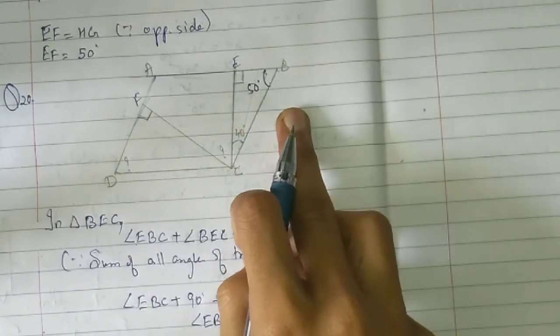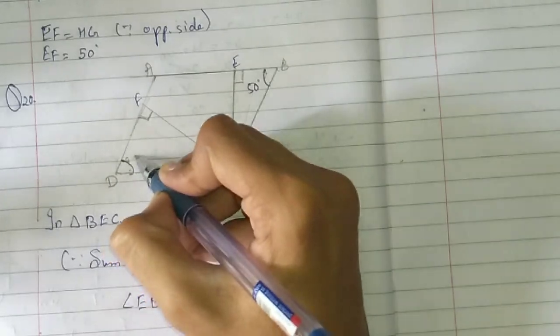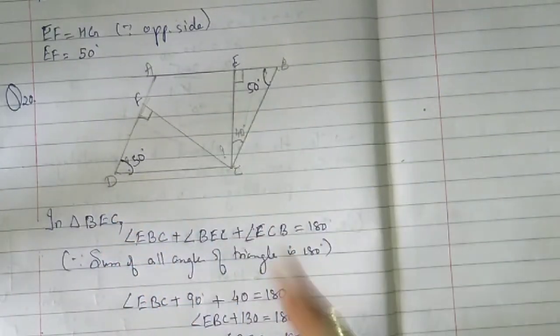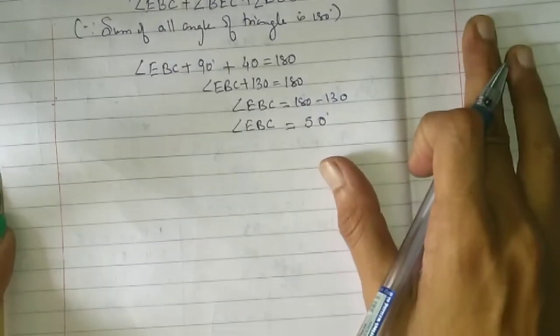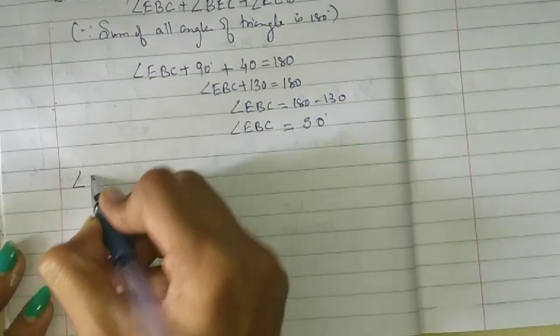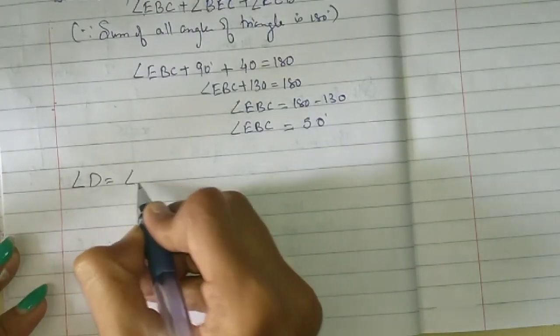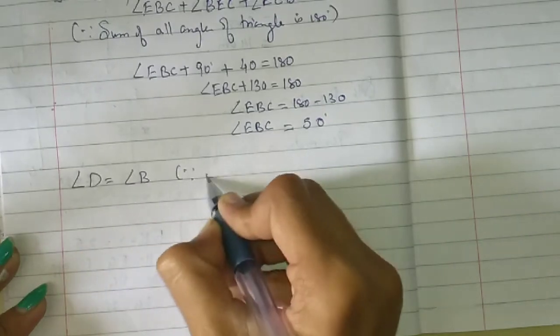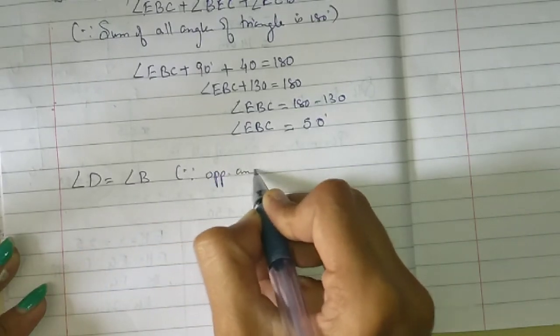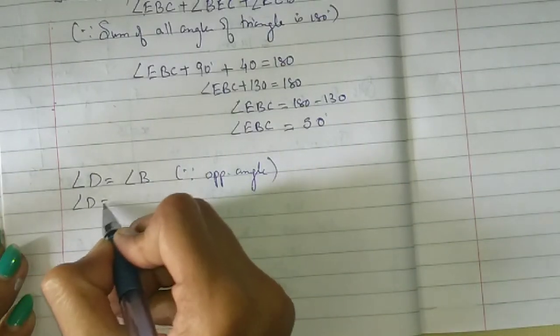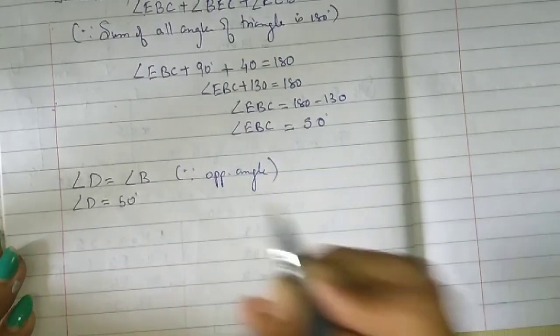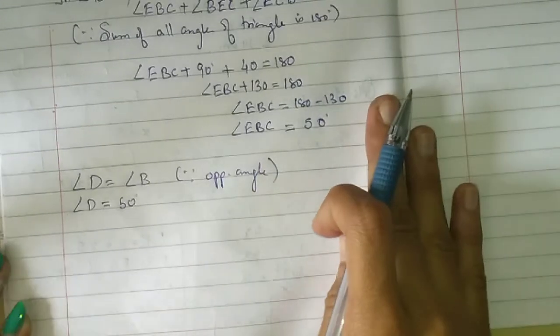If B is 50, then D is also 50. Opposite angles are the same, so we can write here angle D is angle B. Why? Opposite angles. So angle D equal to B is 50 degrees. So D is also 50.